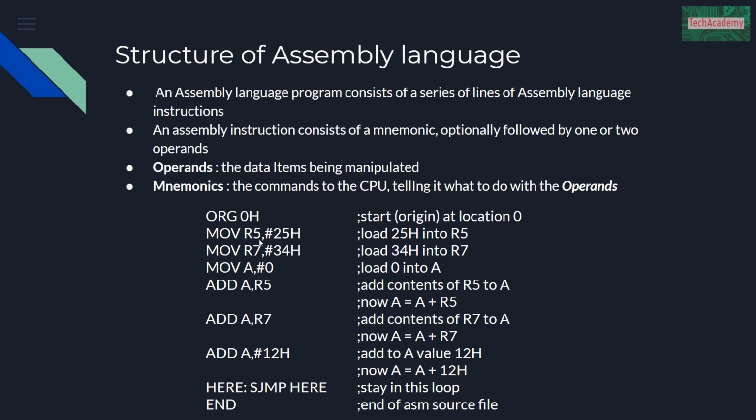Okay, so this R5 is nothing but an operand which is a register name, and this is the second operand which is nothing but a direct value, that is 25H. Okay, so the operands are nothing but the data items being manipulated. Means this 25H or R5, these are nothing but the data items, right? Where we wanted to move data from one location to another location.